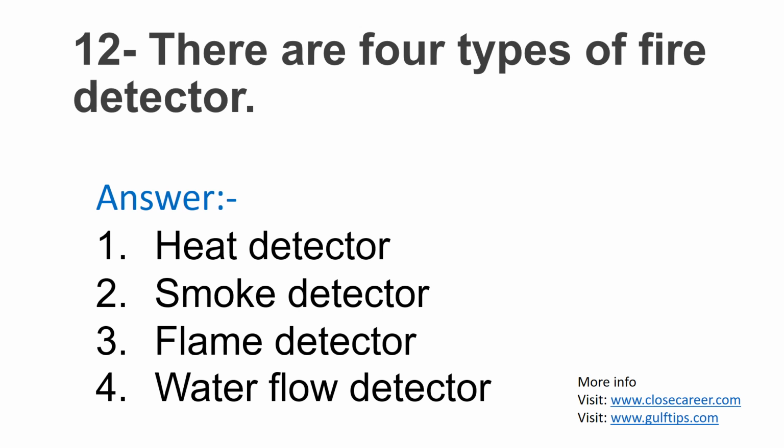When there is heat, the sprinkler system will spray the water everywhere. If there is water flow, the sensor detects it and informs the security guard and the other people there is a fire. There are four types of sensor: heat detector, smoke detector, flame detector, and water flow detector.